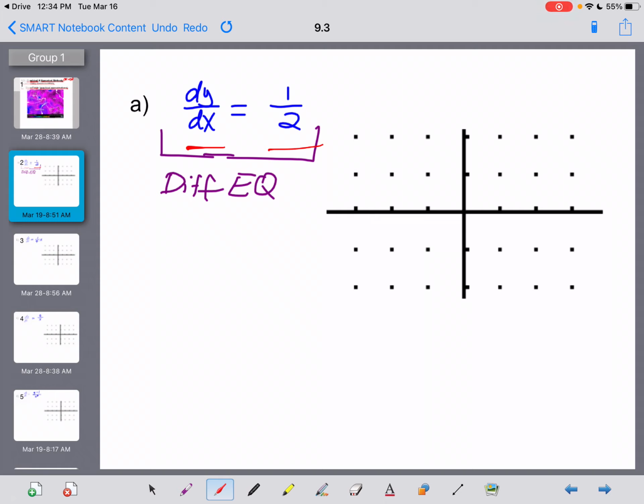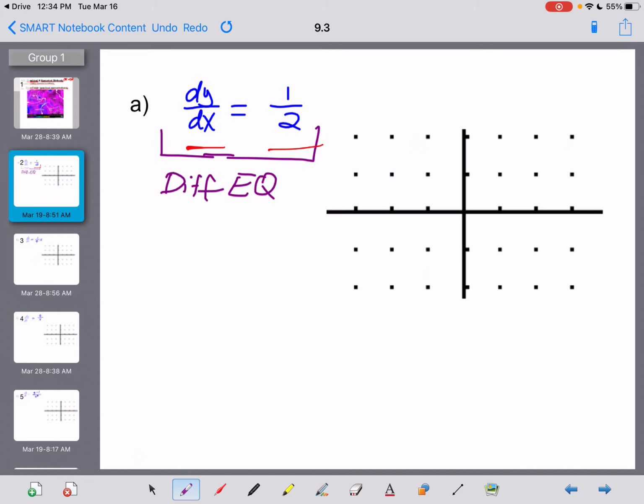Now that means it doesn't matter what the values of x and y are. The derivative of this function is always going to equal 1/2. So no matter where we are on this graph, the slope of our tangent, or the derivative of the function itself, will always have a slope of 1/2.